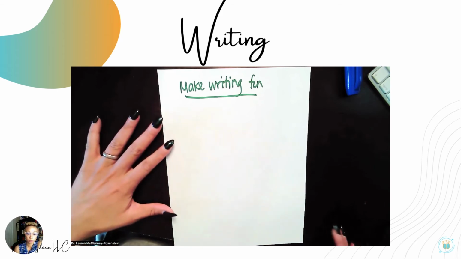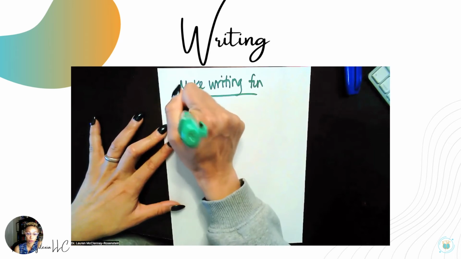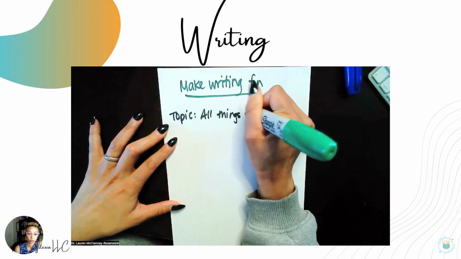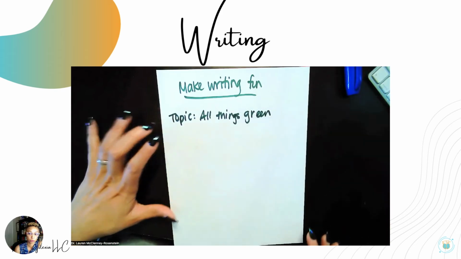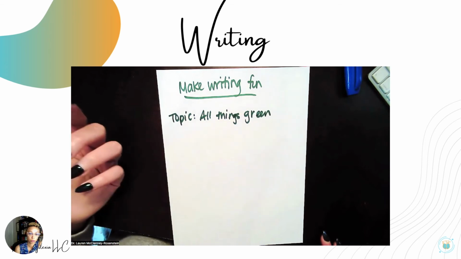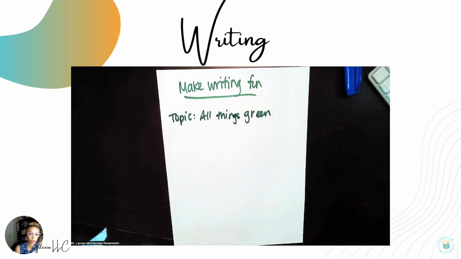So the first thing I would do is, for the interest of this tutorial, say, let's jot down all the things that are green. So our topic is all things green. Depending on what you're doing, if you're teaching kids to learn to love to write, you want to choose something that's simplistic, because especially with the elementary school age kids, you want to actually teach them how to write.